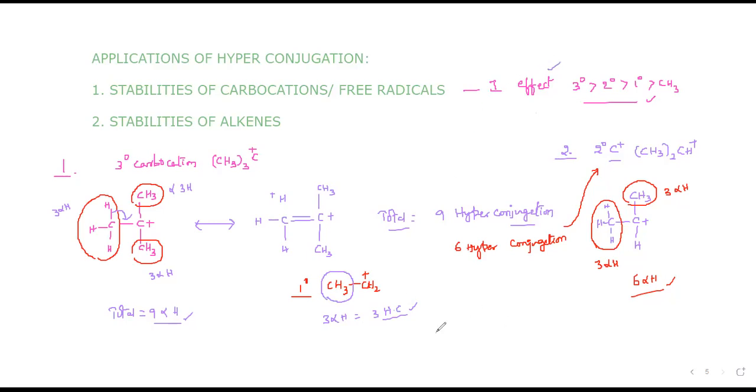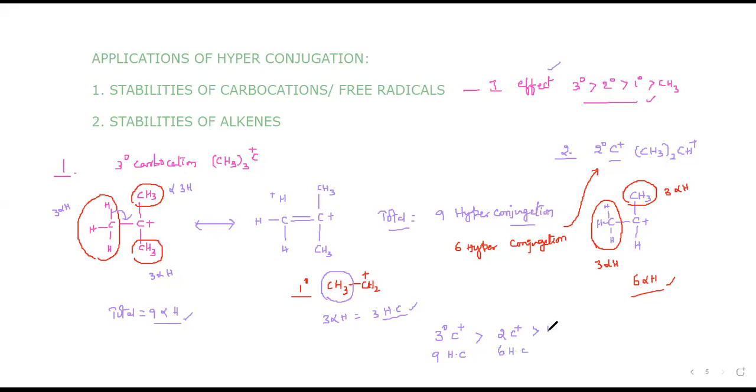Here also, tertiary carbocation is more stabilized due to 12 hyperconjugative structures, and secondary carbocation is next stabilized due to 9 hyperconjugated structures, and this one is 6 hyperconjugated structures.